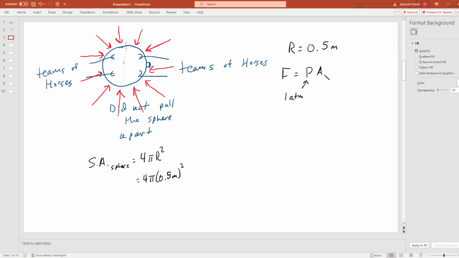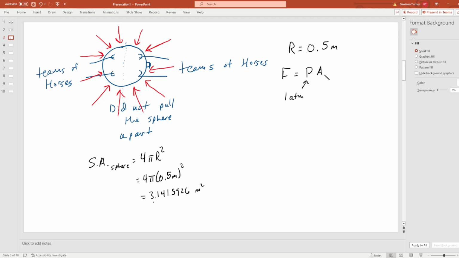If we calculate this out, we get 4 times pi times 0.25, which happens to be pi, which should make sense because 0.5 squared is a quarter. A quarter cancels with 4, and we're left with 3.1415926 square meters. Now, we're not going to take all of those sig figs.